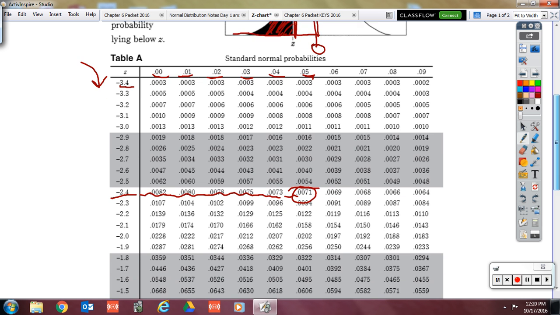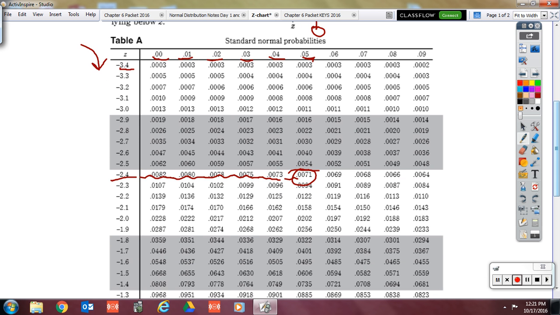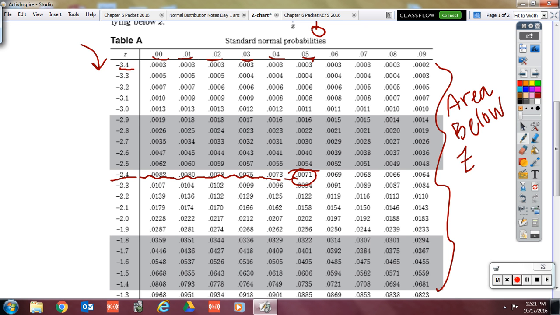Over on the side and the top are the z-scores. All of the numbers in between are the areas below a particular z-score. It's important that you know they are below, because sometimes you will be asked for what's above it. Well, it's not these answers; it's the opposite of them.